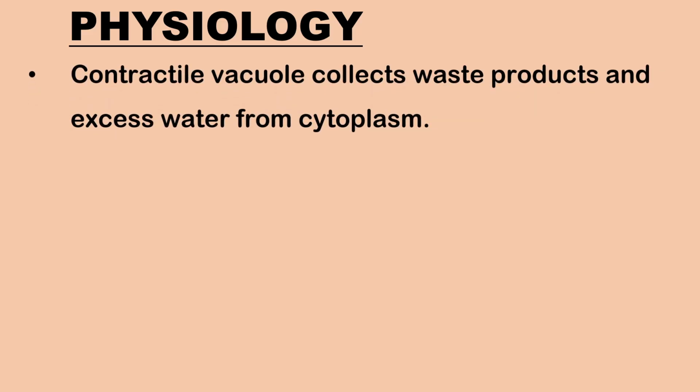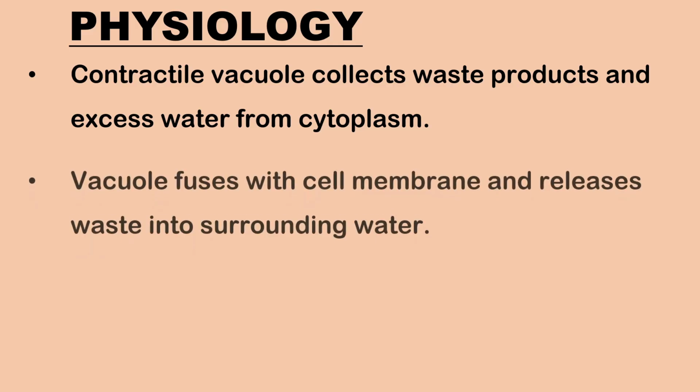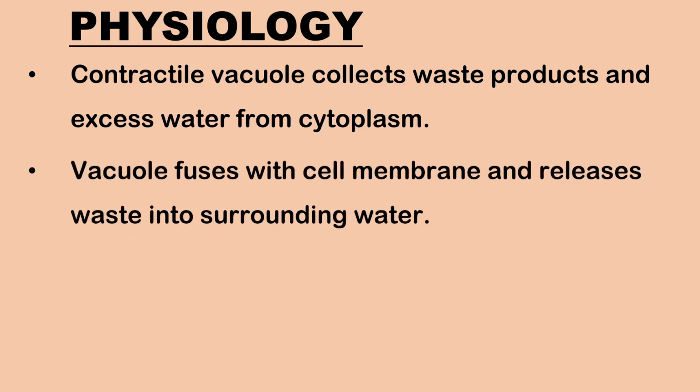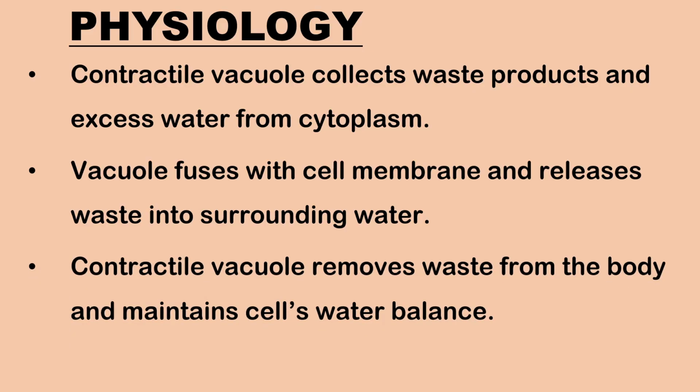Contractile vacuole collects the waste products and excess water from the cytoplasm. The vacuole fuses with the cell membrane and releases the waste into the surrounding water. In this way, contractile vacuole removes waste material from the body and also maintains the cell's water balance.